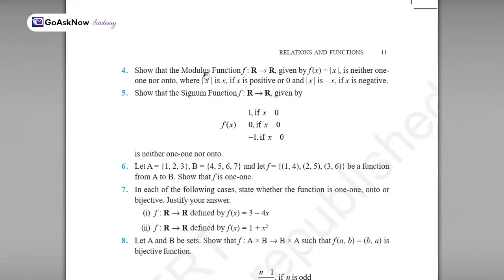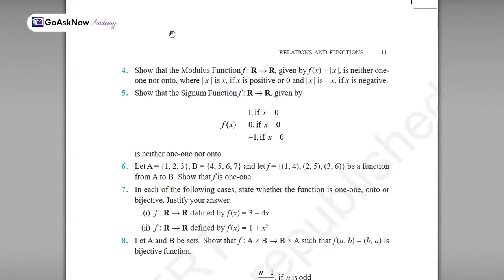Let's solve this. The modulus function f from real numbers to real numbers given by f(x) = |x| is neither one-one nor onto, where |x| is x if x is positive or 0, and |x| is -x if x is negative. You are also aware of the modulus function.